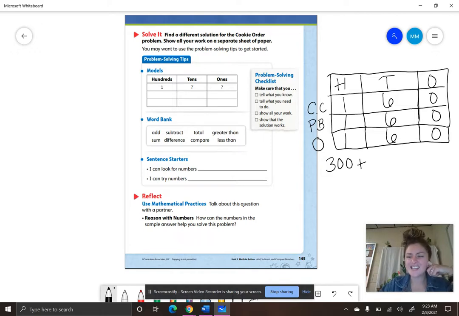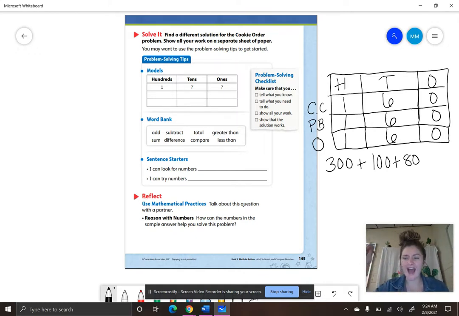So 18 tens. Think about it. 18 tens is going to have 100 in it, right? So 100 plus 80. So that would be 480.